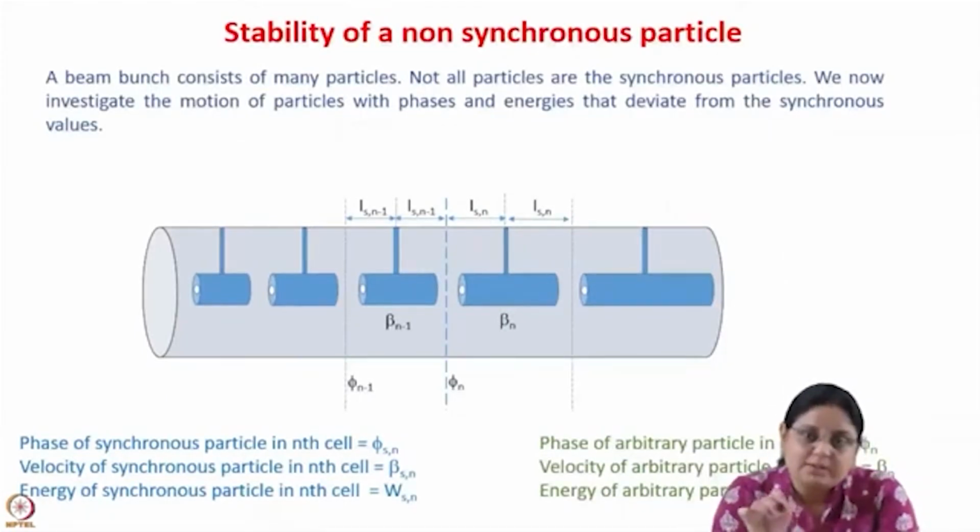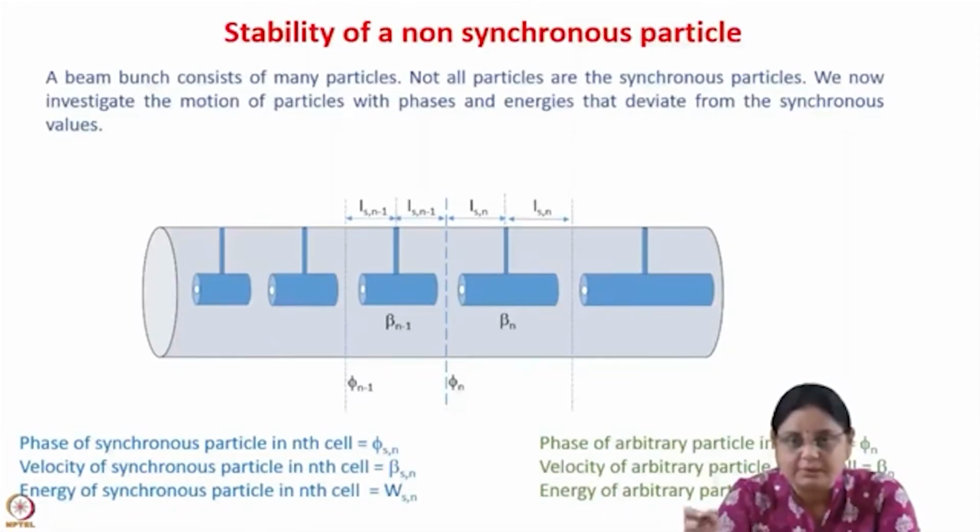Now a bunch consists of many particles, and not all particles are the synchronous particles. And we've seen that if we choose the synchronous phase to lie between minus pi by 2 and 0, then the other particles will oscillate about the synchronous particle. Now we would like to calculate what is the difference in phase between the synchronous particle and some arbitrary particle so that the bunch still remains stable.